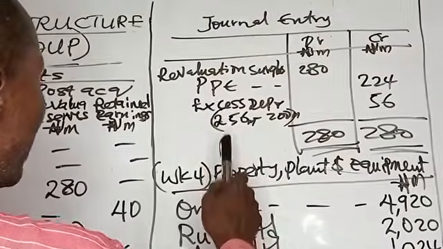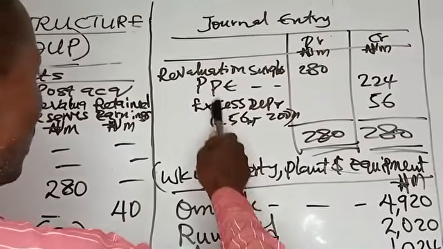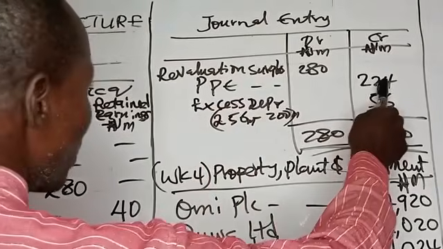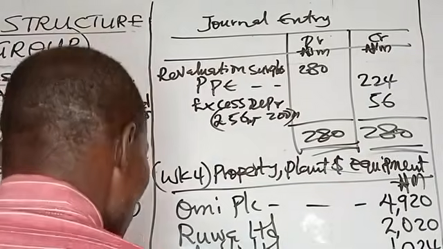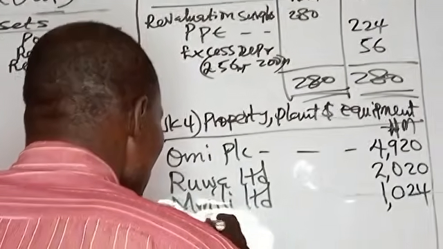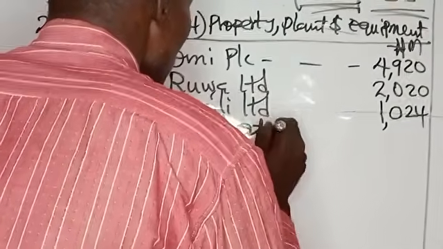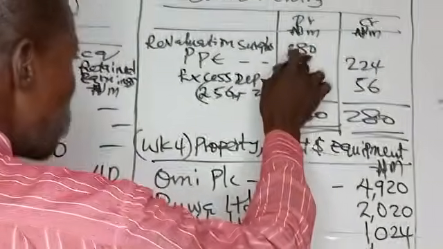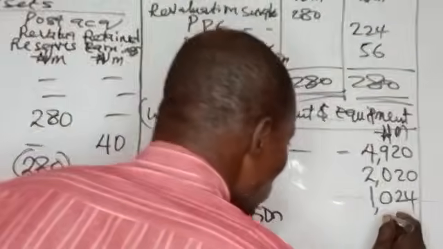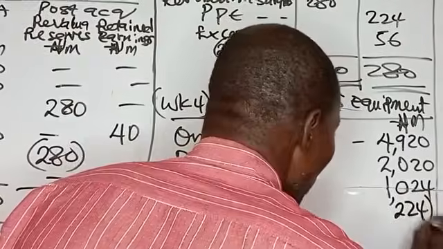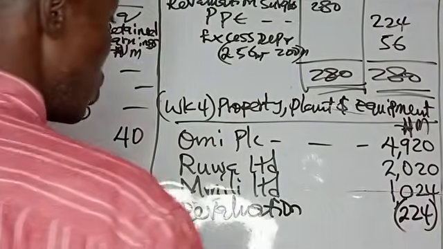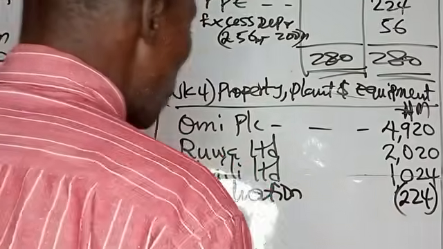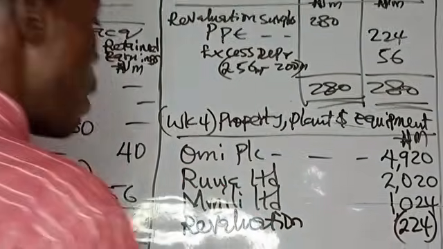Then the next item is the revaluation surplus derecognized, which is 224, from this working. Remember, PPE was credited, so that is why we are deducting the revaluation surplus of 224 from property, plant, and equipment.